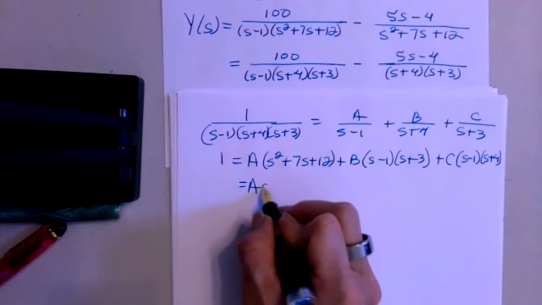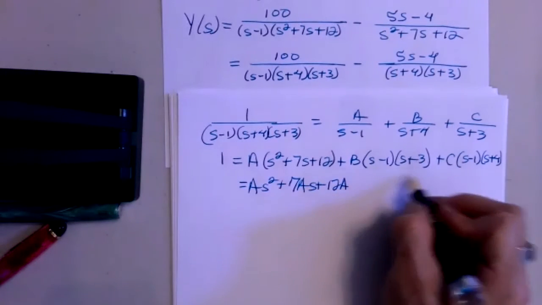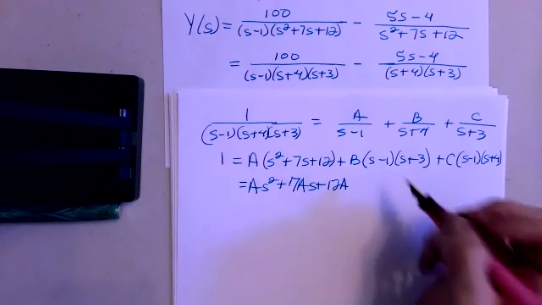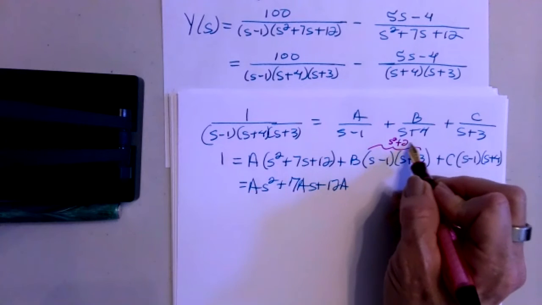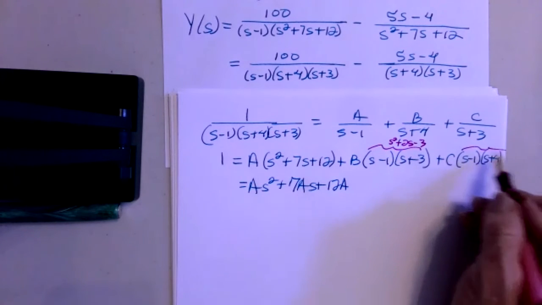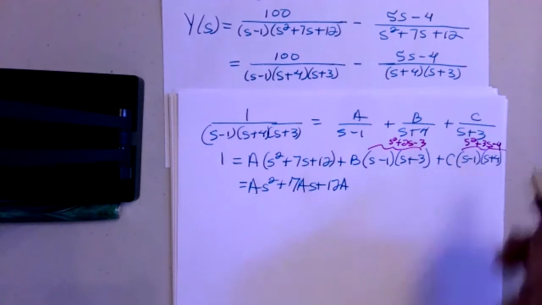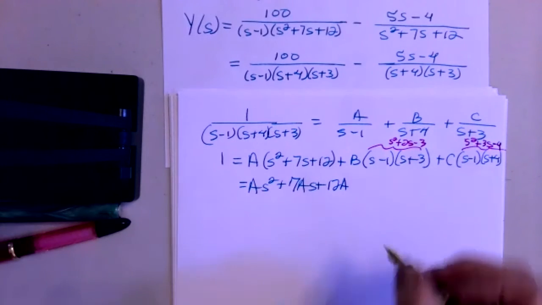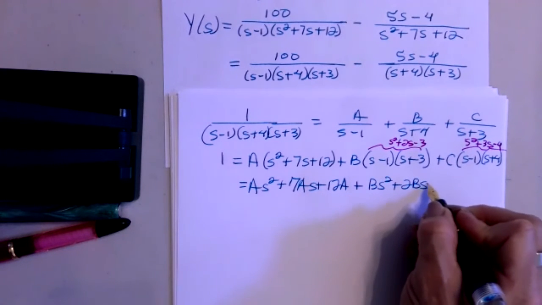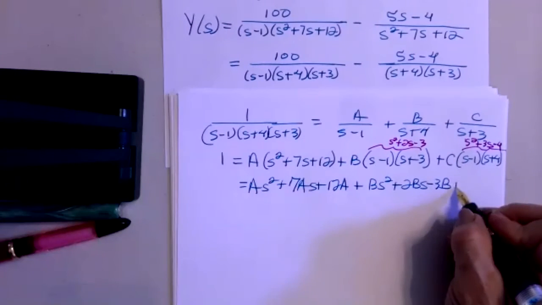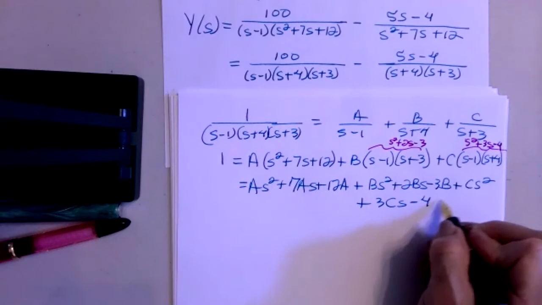So this is As squared plus 7As plus 12A. If you work this one out, you get s squared minus s plus 3s, so that is s squared plus 2s minus 3. And this one is s squared plus 3s minus 4. You get plus Bs squared plus 2Bs minus 3B plus Cs squared plus 3Cs minus 4C.